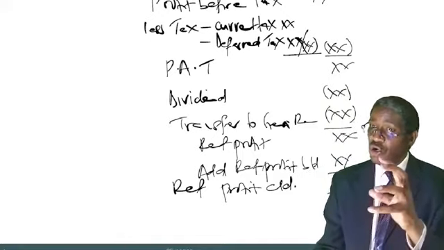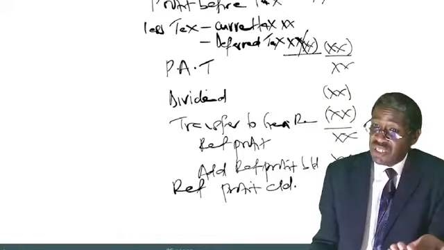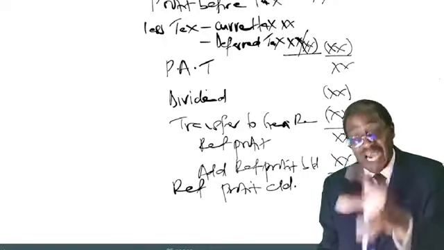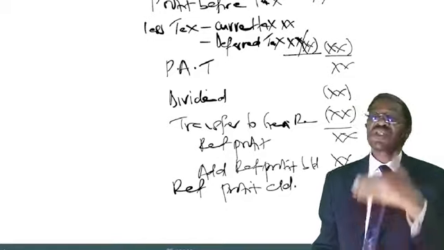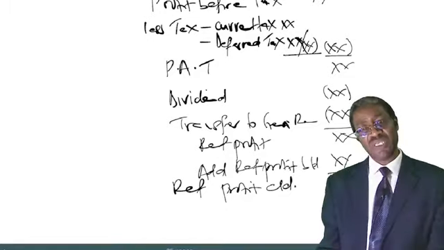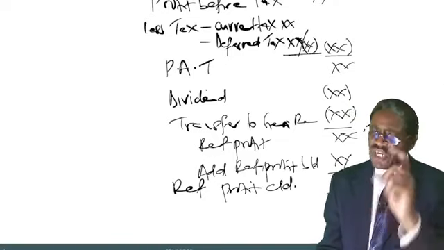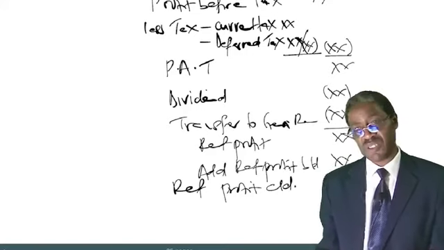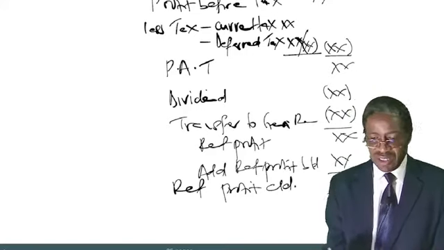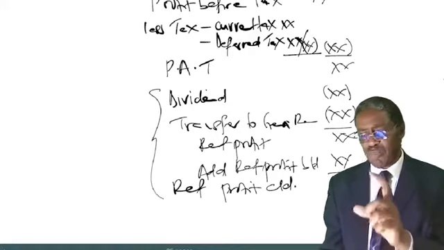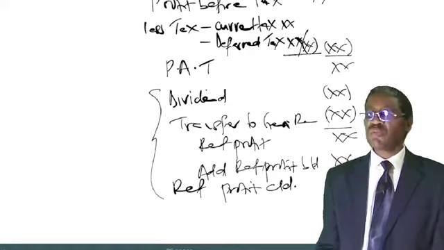Or, when you are preparing your income statement for internal reporting purposes, then you can complete the income statement. But when you are required to prepare this income statement for publication purposes, then all those appropriations should not be done.